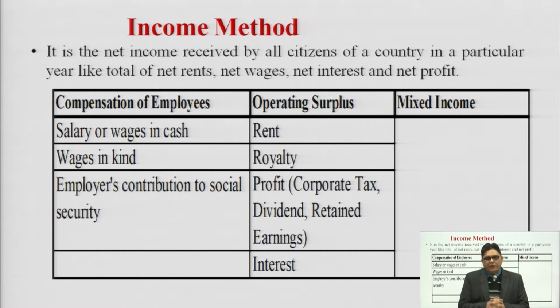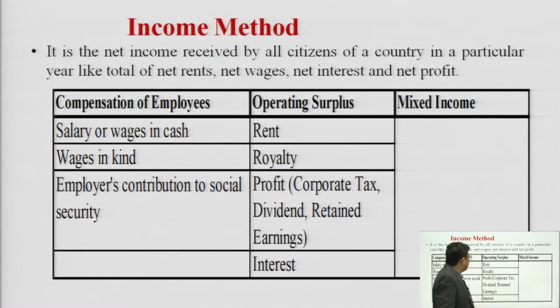While calculating the national income by the income method, the formula goes like this, and the formula has three components. The first is compensation of employees, then operating surplus and mixed income.